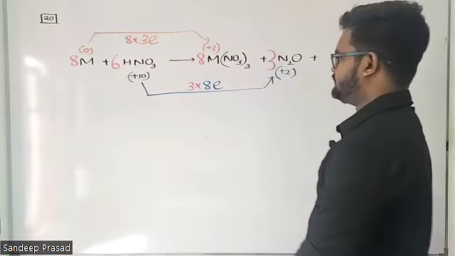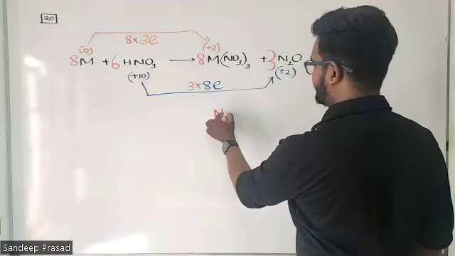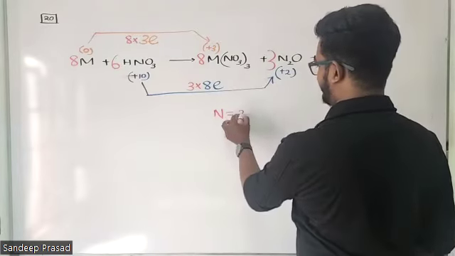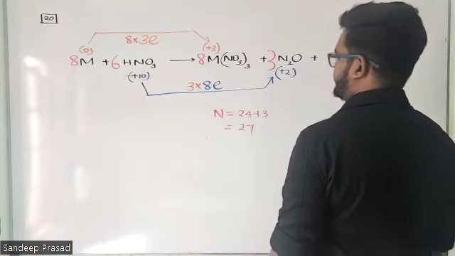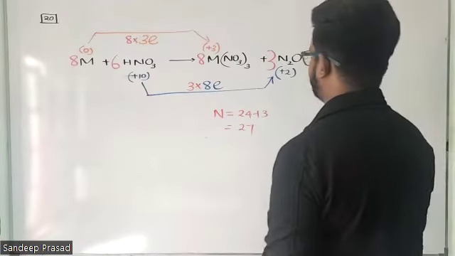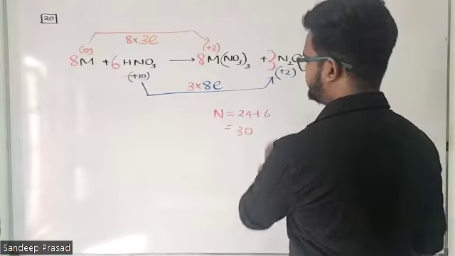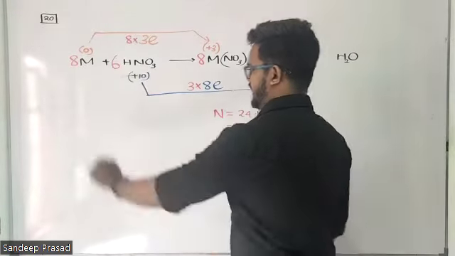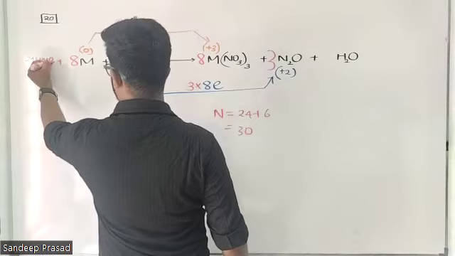Six. Okay. But the same issue, we can see that nitrogen atoms are not balanced. 24 plus 3, 27. Right? So here this one should be 30, and here we have only 6. As we discussed, another 24 HNO3 molecules are added there as acid.